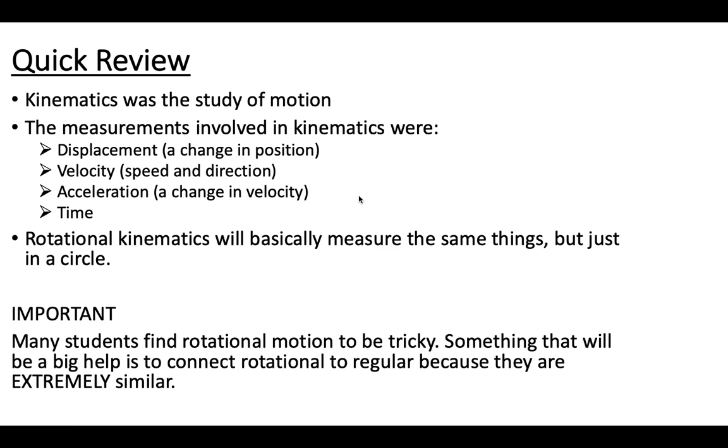We're still measuring velocity, acceleration, time, and displacement. We're measuring the same things, just in a circle. A lot of the equations and the definitions will be very similar, if not the same, as when we did this in regular kinematics. So just take a moment to breathe and realize that you've basically done this already, just with different symbols. Okay, and now we're just going in a circle.